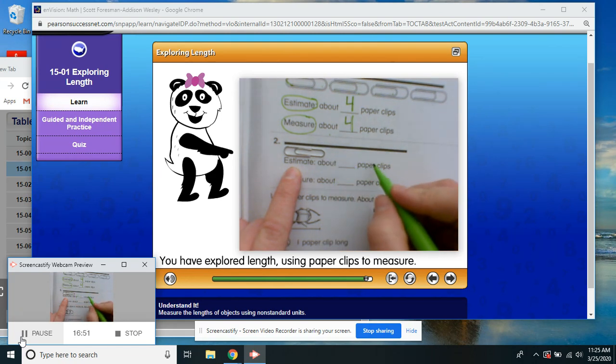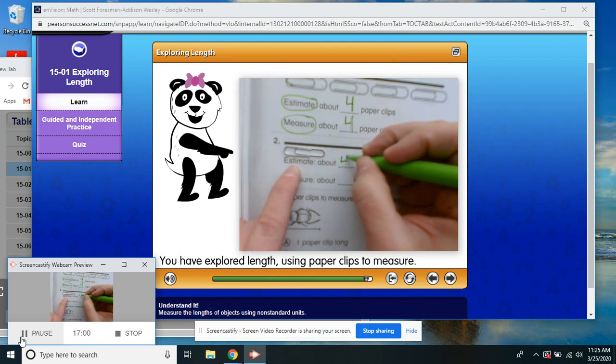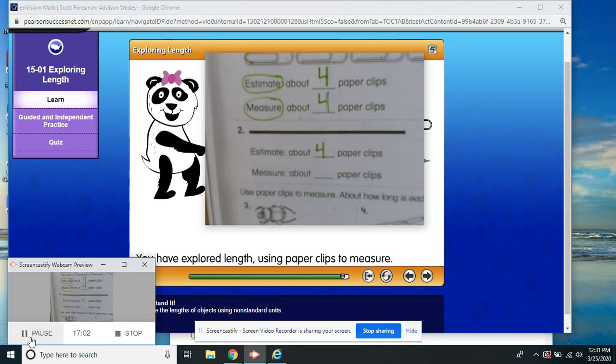I know I'm not going to need 10 more paper clips. Probably less than 5 paper clips. Maybe 4. I'm going to put down 4. In order to measure this line, remember you can use a paper clip or look above. 1, 2, 3. So about 3 paper clips long.